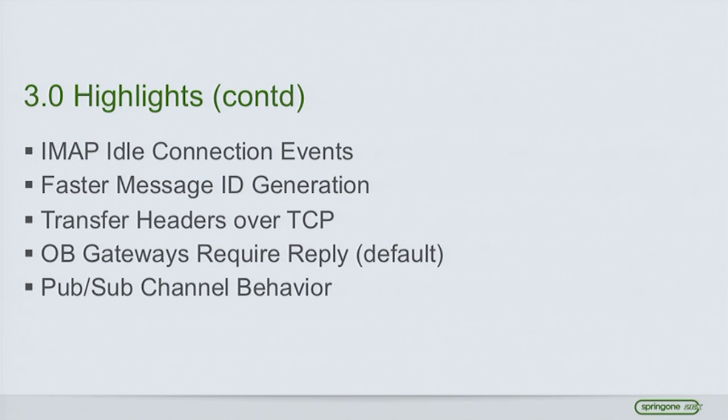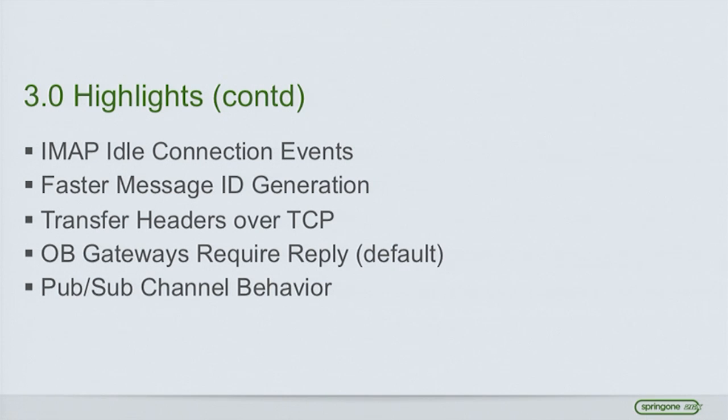Another TCP improvement. Several people have asked previously. TCP itself has no structure. I mean, okay, if you send an HTTP message, you can put headers in it. You can put x-dash-blah-blah-blah headers. There's no standard structure on streams of data that go over TCP. So, prior to 3.0, you couldn't send any header data.